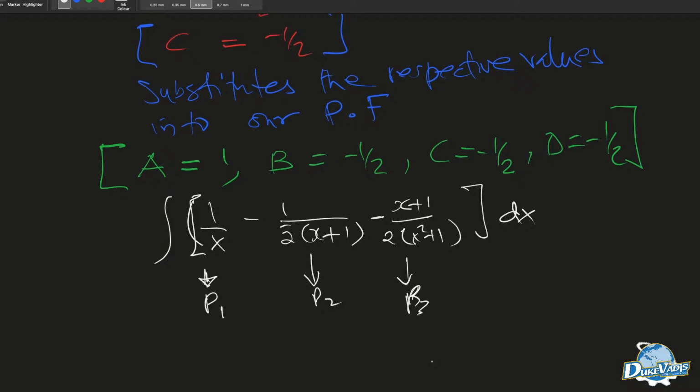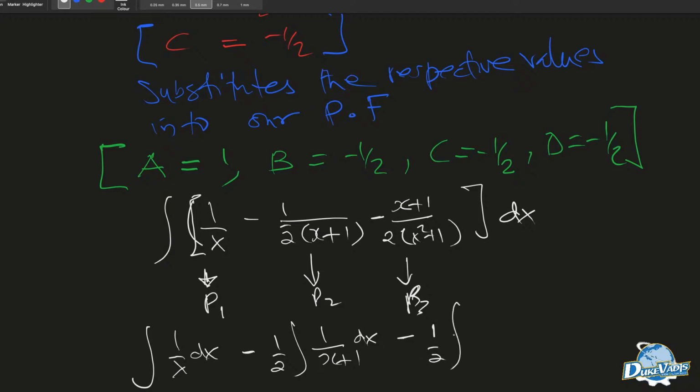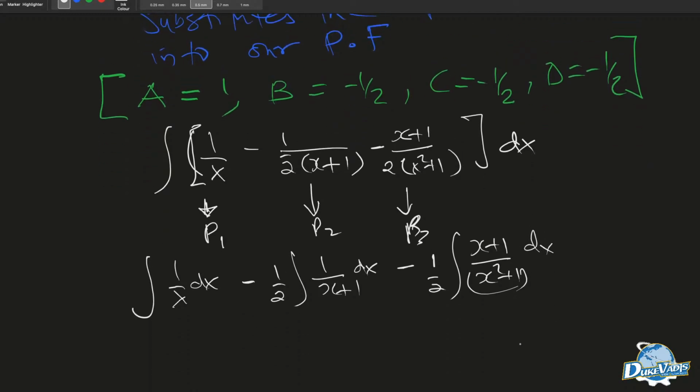So when we break the integral down, we're going to get the integral 1 over x dx minus half integral 1 over x plus 1 dx. Then we're going to get minus half again integral x plus 1 all over x squared plus 1 dx. Okay, so this is our integration.